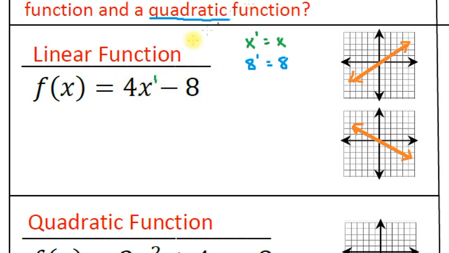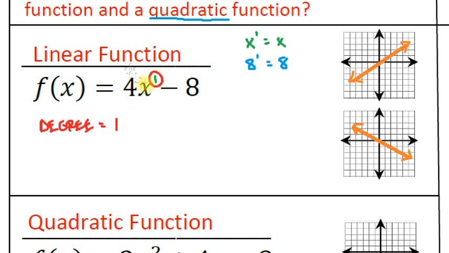This particular exponent tells us that this function has a degree equal to 1. The degree is found by looking at the highest variable exponent. In this case, the highest exponent on a variable is 1.